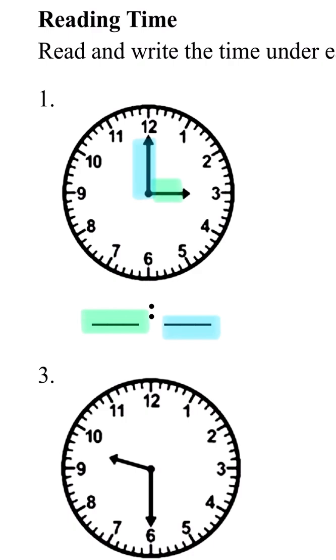And we have to know that 12 is 0. So when it's at 12, the minute would be 0, 0. And then it goes by 5.